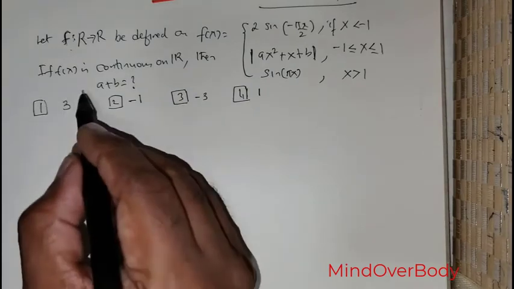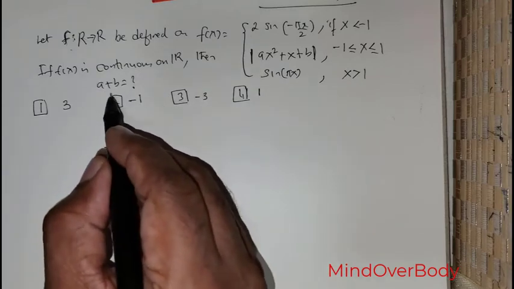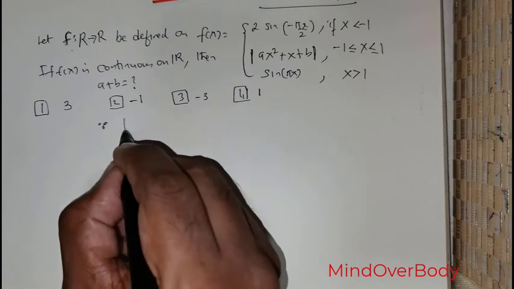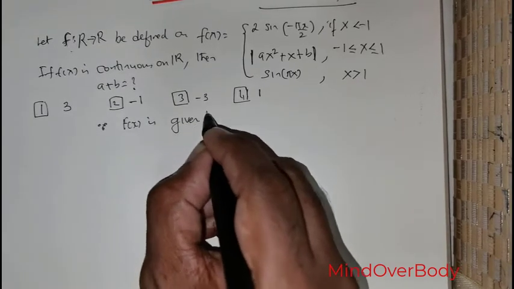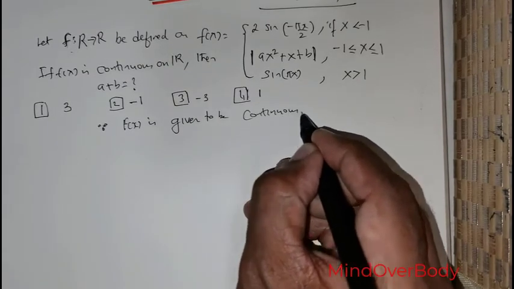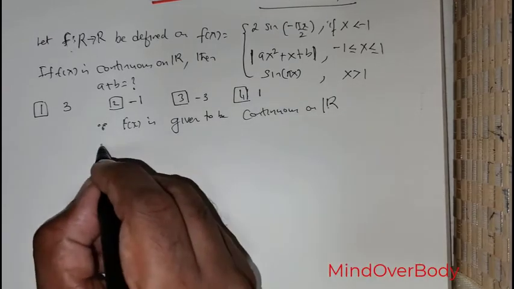It is said that f of x is continuous on R, and we are expected to find a positive b. Now I'm going to write this following statement: since f of x is given to be continuous on R, that means the entire real line function is continuous.